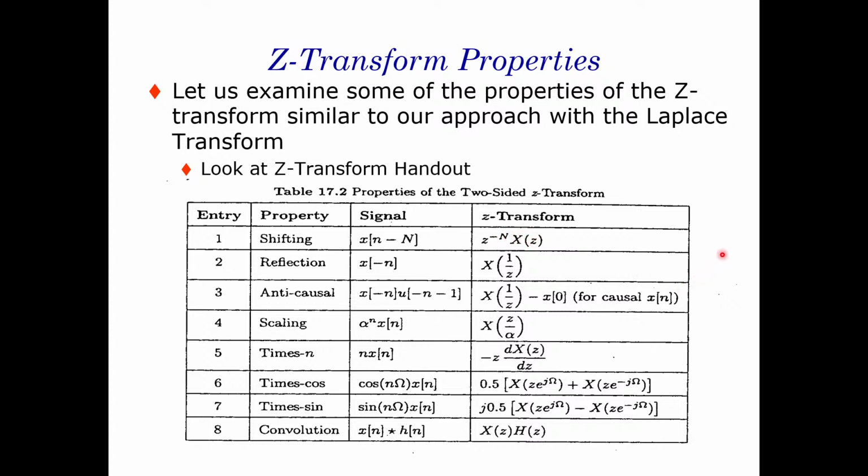These 3 properties in particular are what we're going to pay attention to, in particular how we're going to go about solving our Z-transform equations. And we'll see, for the shifting property, how we go about solving the difference equations as well.